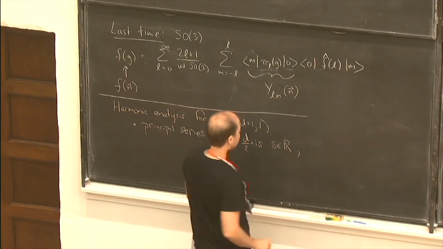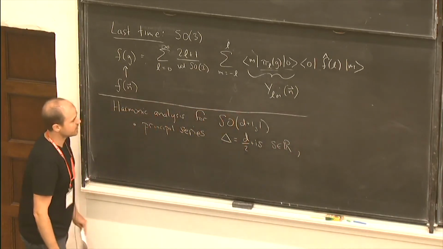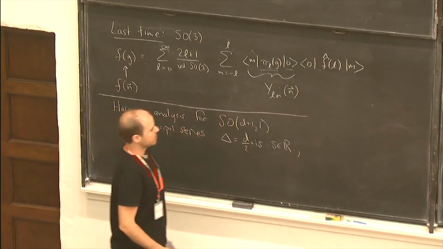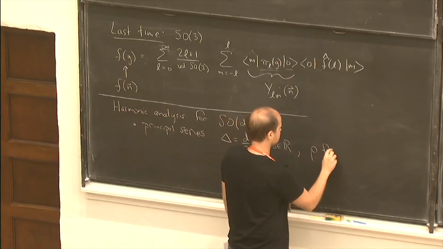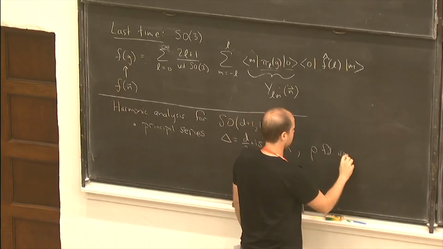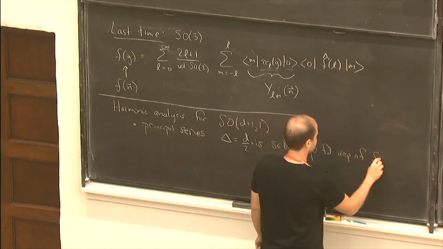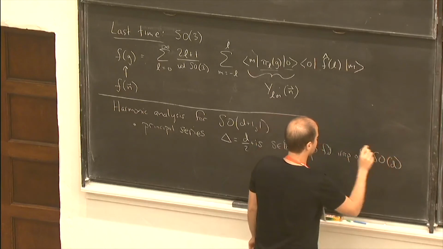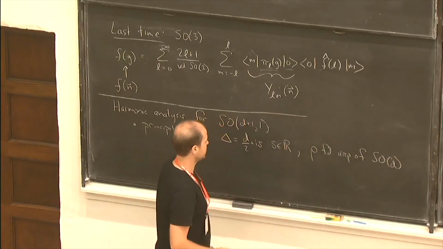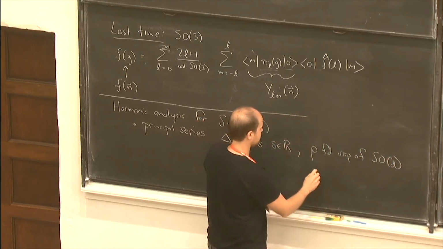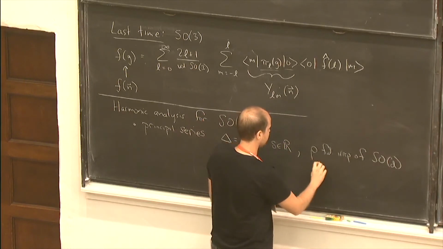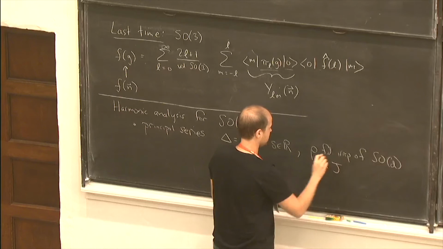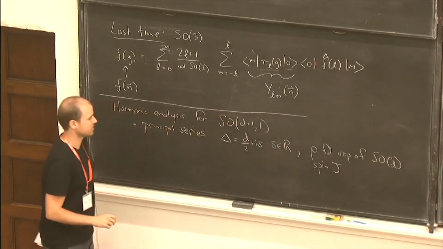And the SO(d) representation that Peter called rho is any finite dimensional representation of SO(d). And for my purposes, I'm mostly just going to talk about traceless symmetric tensor representations. So we'll focus on spin J representations.